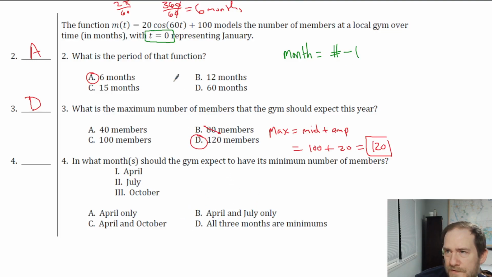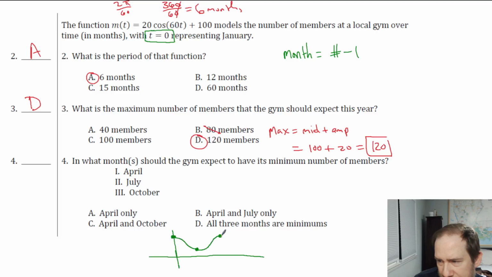Anyway, how would you solve this? Well, looking at the equation, we have a non-phase shifted cosine. So that would seem to say that at time 0, we're at a max, because we're a non-phase shifted cosine. So that tells me, when should we expect to have our minimum number? Well, the minimum would come half of a period after the max, right? And then half a period later, you'd be back to the max.